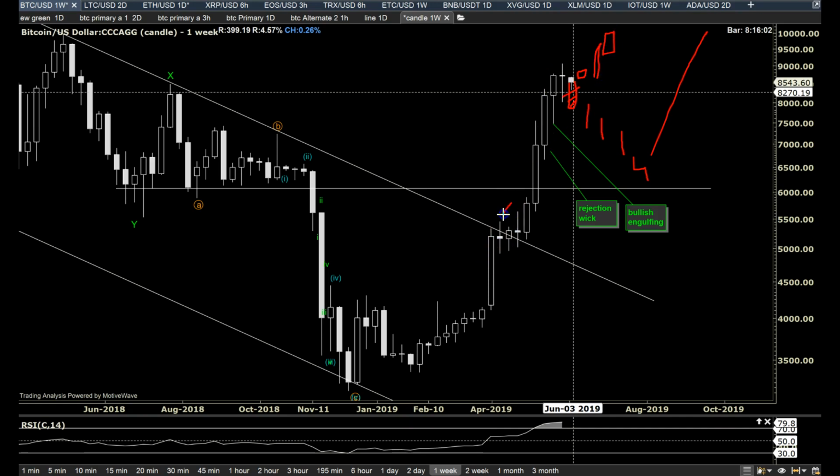Because you had another one back here, right? And look what happened. You had this candle next, and then invalidation. We took out the high of this candle, and then we shot up higher. So don't hang your hat on this bar right here until the one next to it starts giving you some confirmation that this is indeed what it's supposed to be.